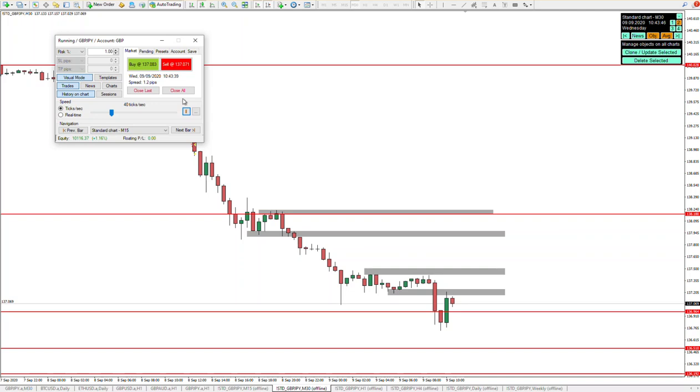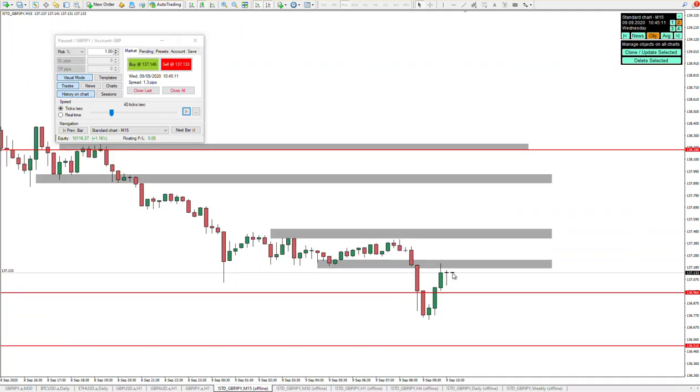Waiting for the 50-minute candle to close. Okay. The M15 closed like a doji. That's an indecision bar, but it rejected lower prices.